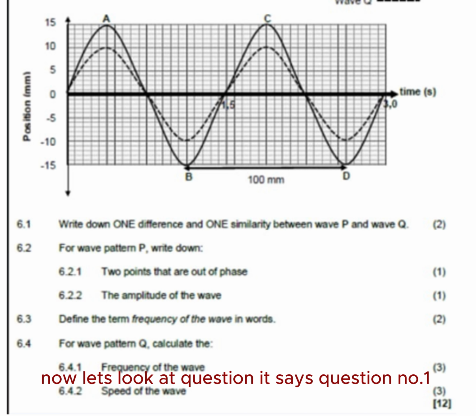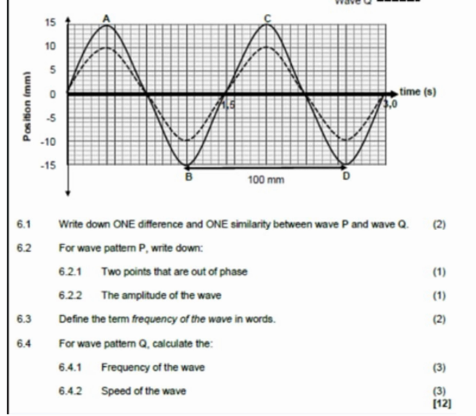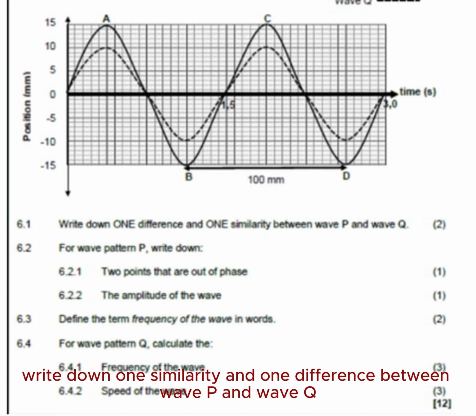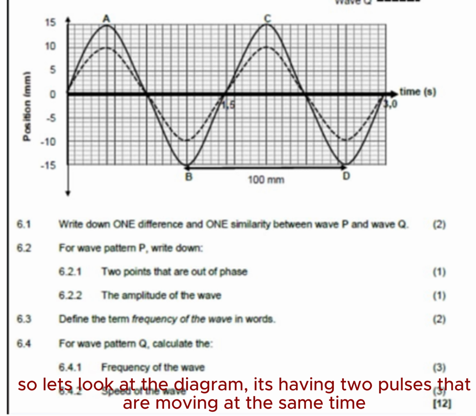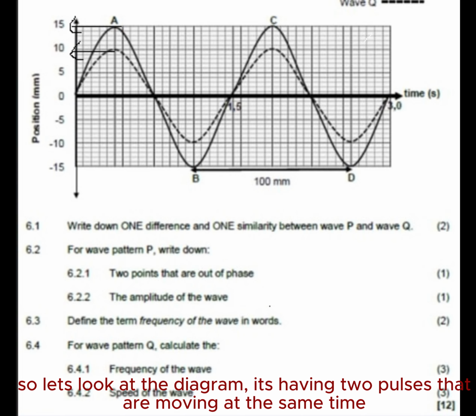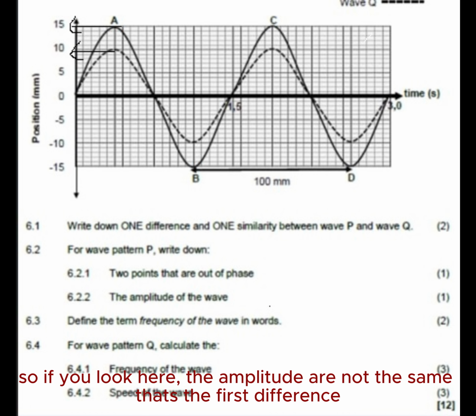Question number 1: write down one difference and one similarity between wave P and wave Q. Our diagram has two pulses that are moving at the same time. If you look here, the amplitudes are not the same. That's the first difference that you analyze.